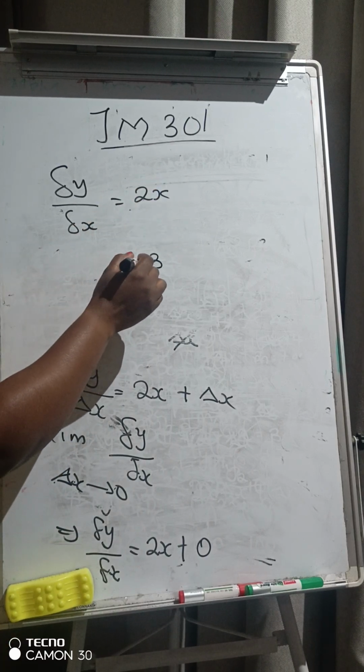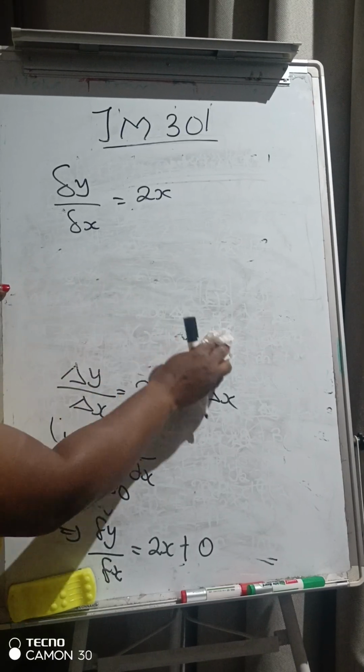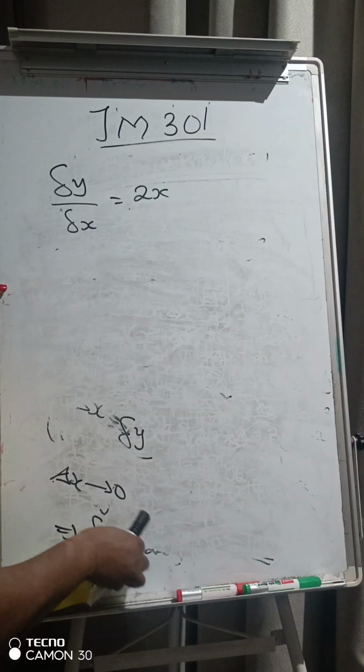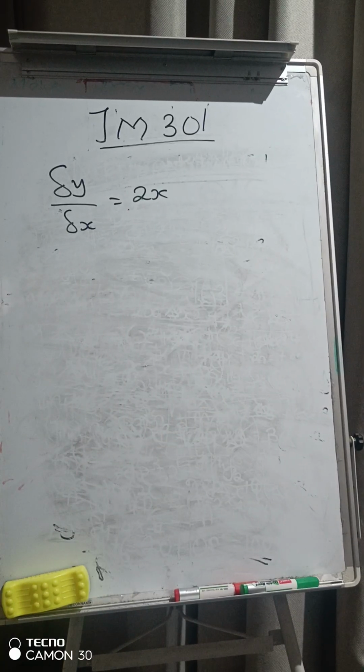That is 2 times this, and that will be 6. But we are not given the value of x, so that becomes the answer. So we solved that question using the first principle of differential calculus.